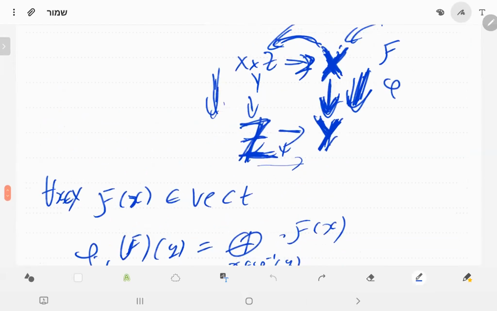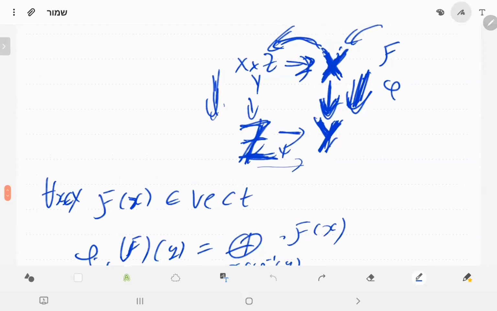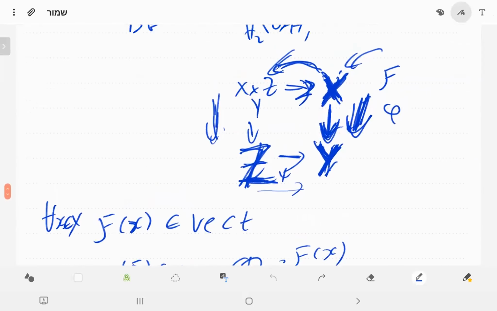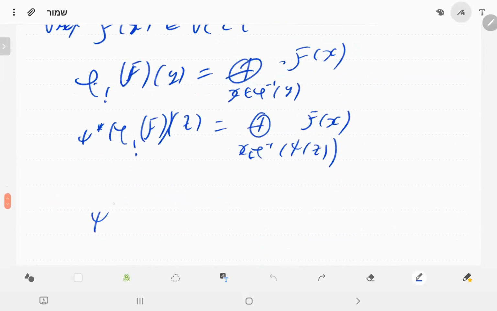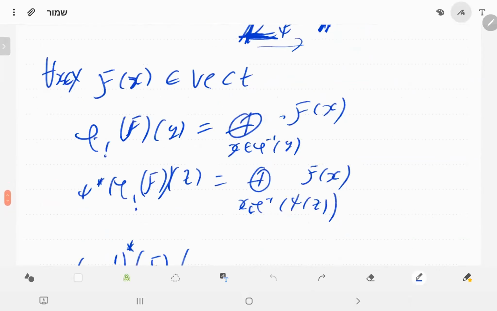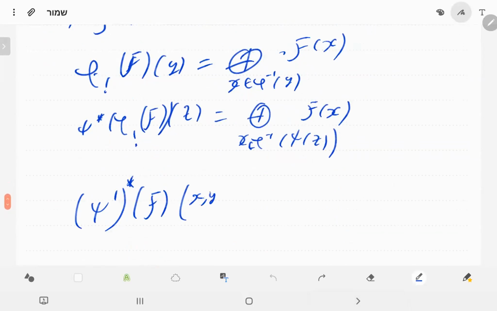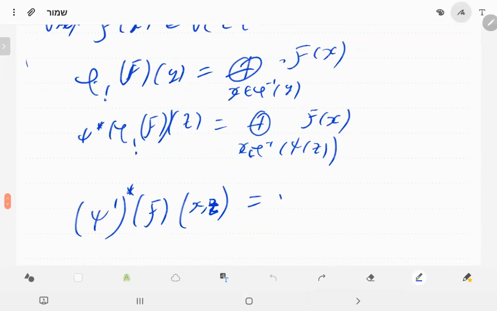Let's see the second composition. So this is psi prime. We want to compute psi prime upper star of F at some point. What is the point? It's some point here, so let's call it (x, z). So this is just F of x; we don't care about z.